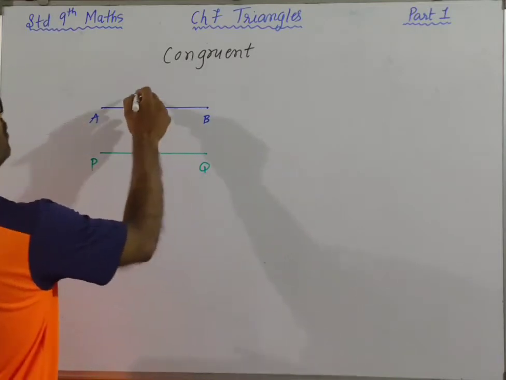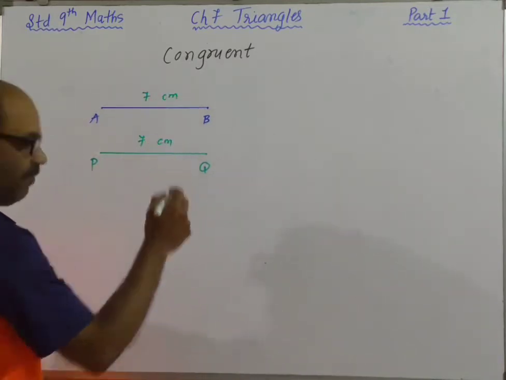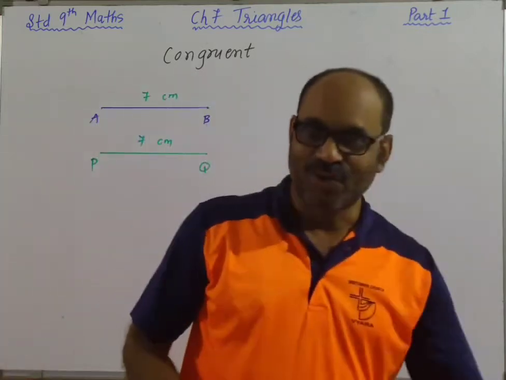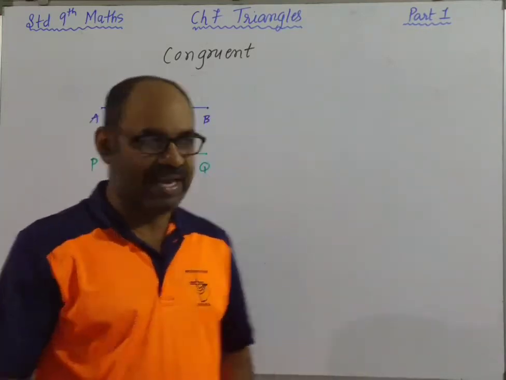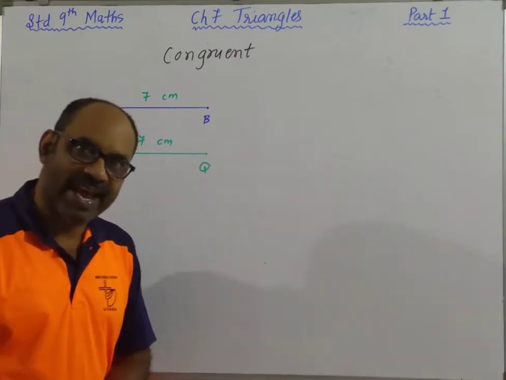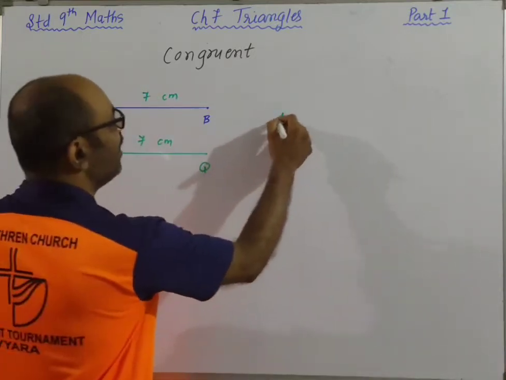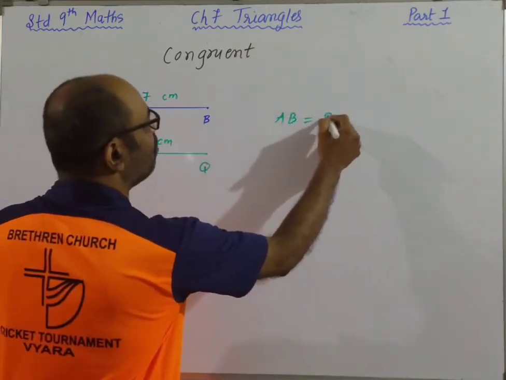This is 7 centimeter. This one is also 7 centimeter. So what do you come to know from that figure? We have two line segments and they have the same length. Here you can say AB is equal to PQ.